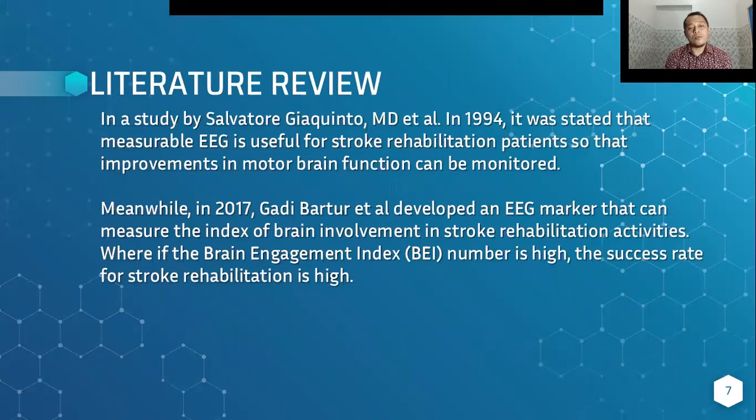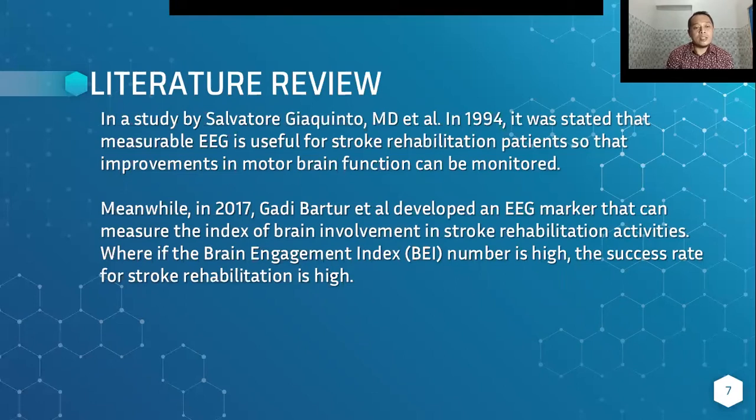Literature review: in a study by Salvatore Iaquinto, MD et al. in 1994, it was stated that measurable EEG is useful for stroke rehabilitation patients so that improvements in motor brain function can be monitored.